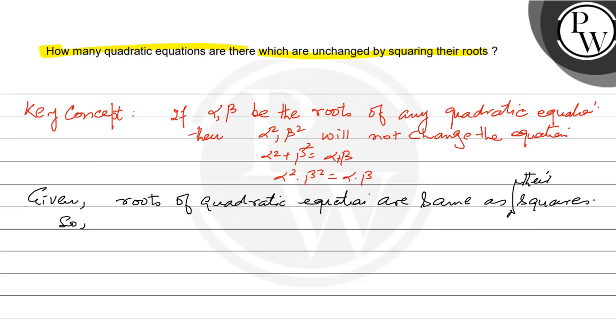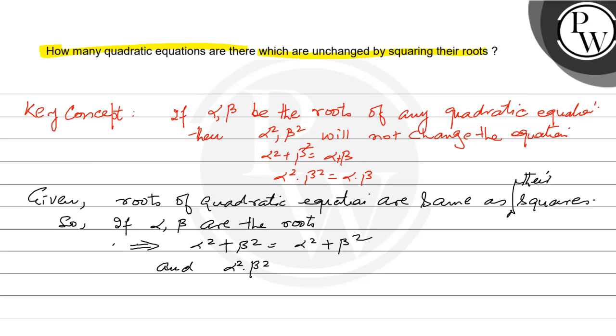So if alpha, beta are the roots, then we are aware as per the statement that alpha square plus beta square will be equal to alpha plus beta, and alpha square beta square will be equal to alpha beta.